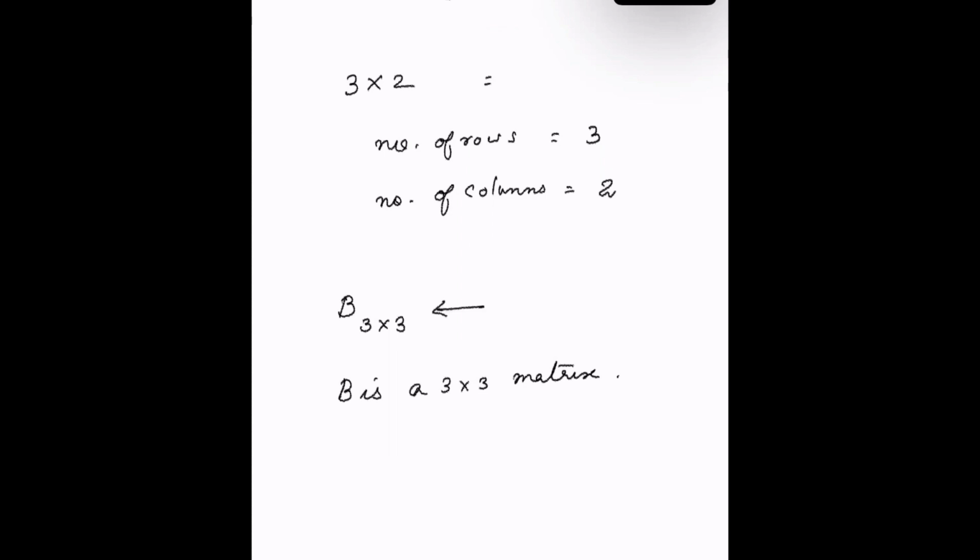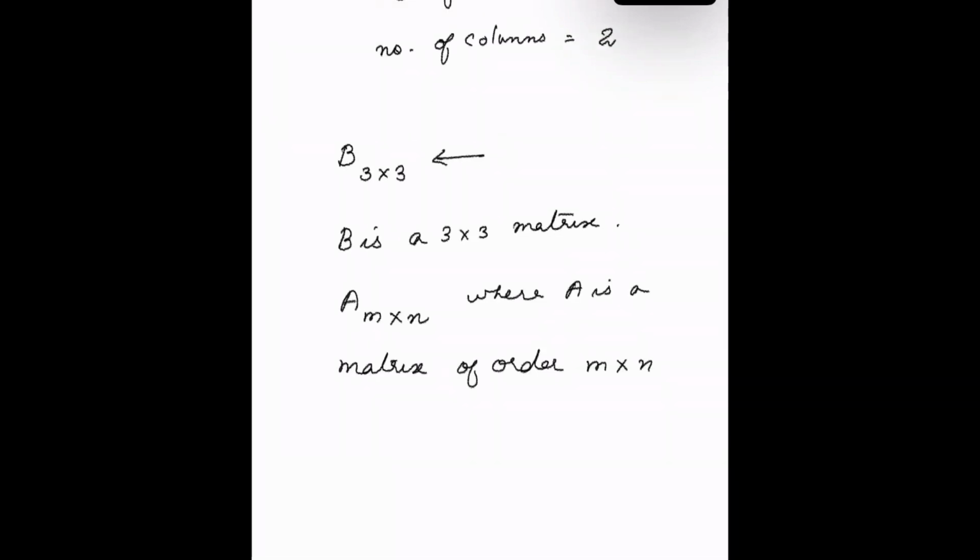So the general form of writing is A, the name of the matrix, is a matrix of order M cross N, where M is the number of rows and N is the number of columns.